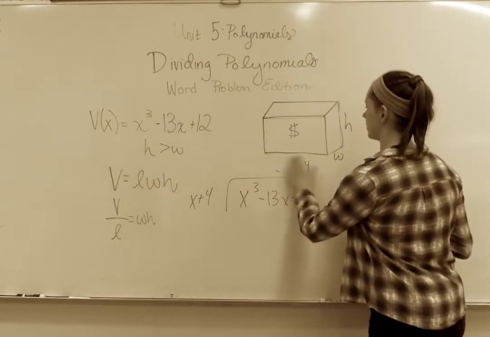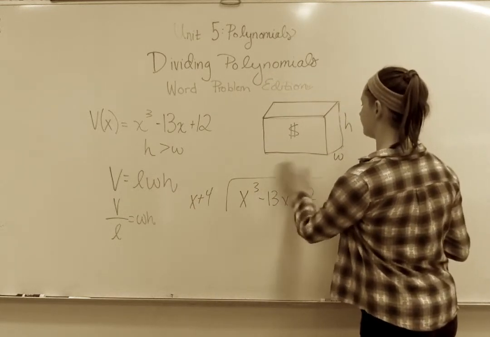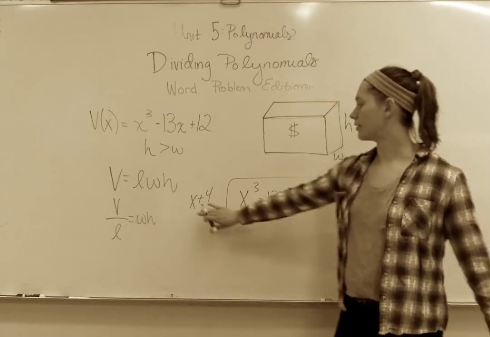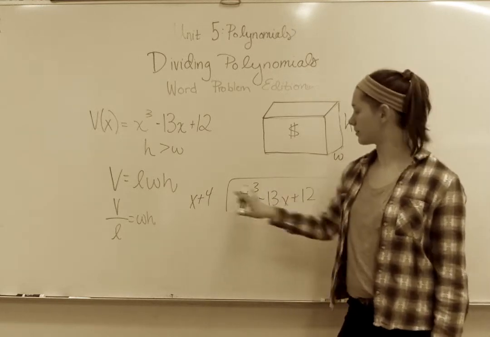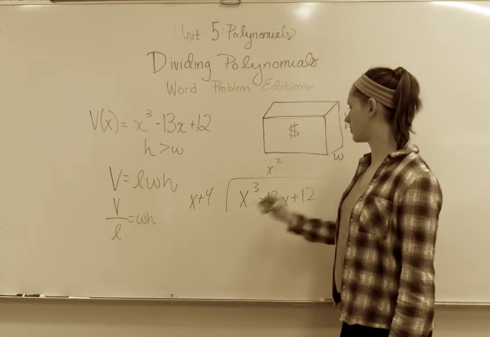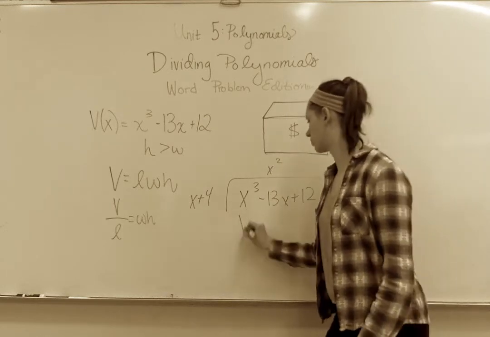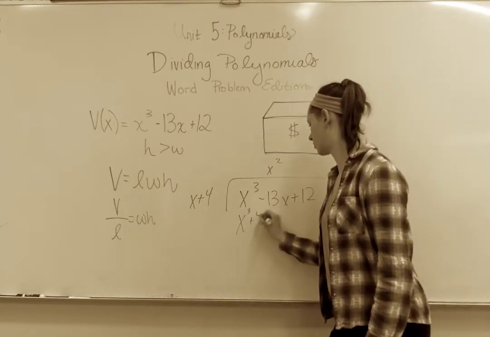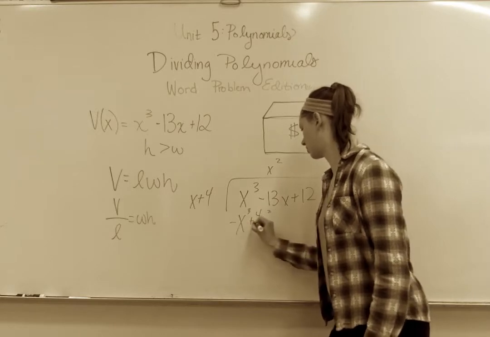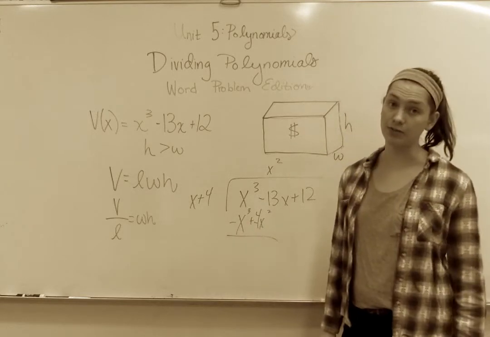Alright, now to make sure we can see. Okay, so first I can say x times x squared gives me an x cubed. So I do my polynomial division.